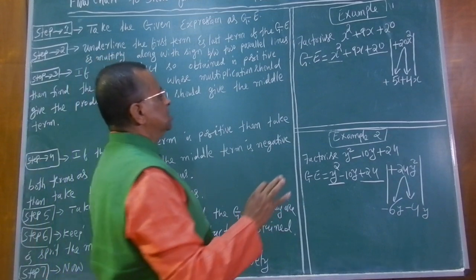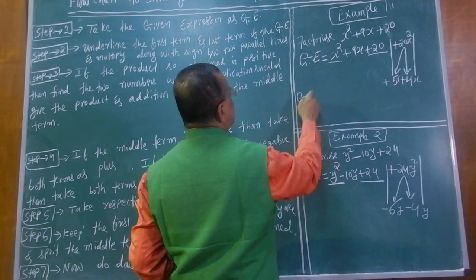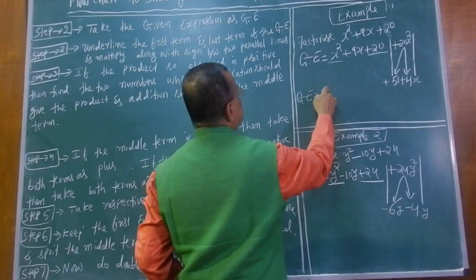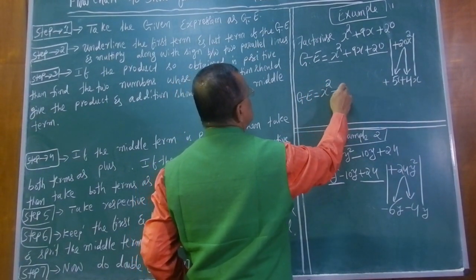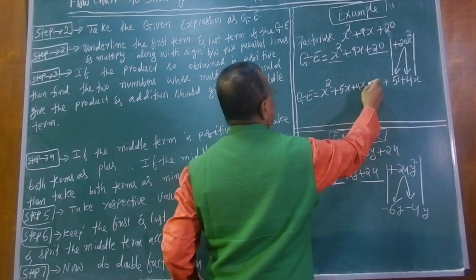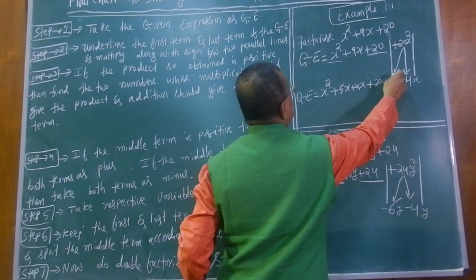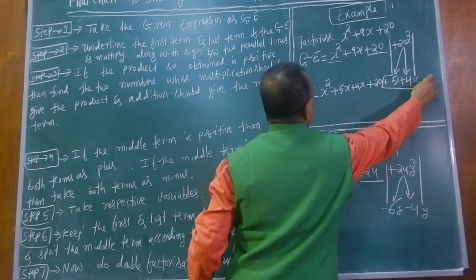So after finding the factors, keep the first term as it is, split the middle term according to the factors obtained, that is plus 5x plus 4x, and keep the last term, plus 20, as it is.